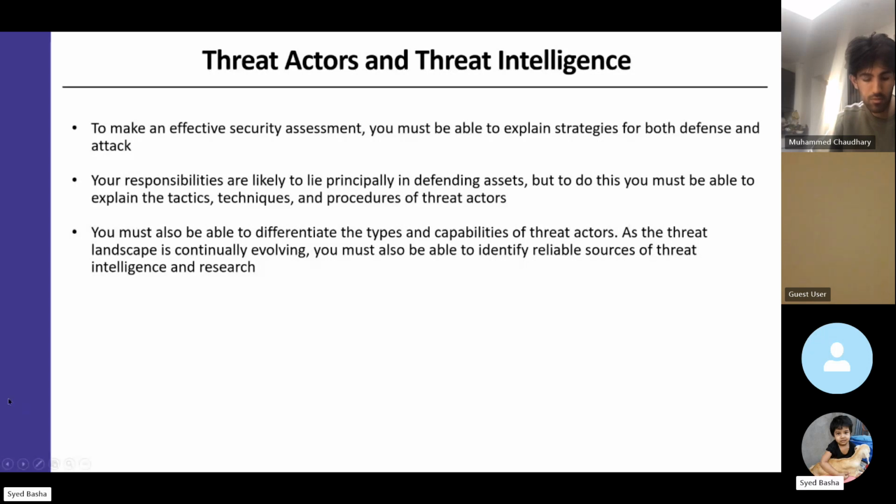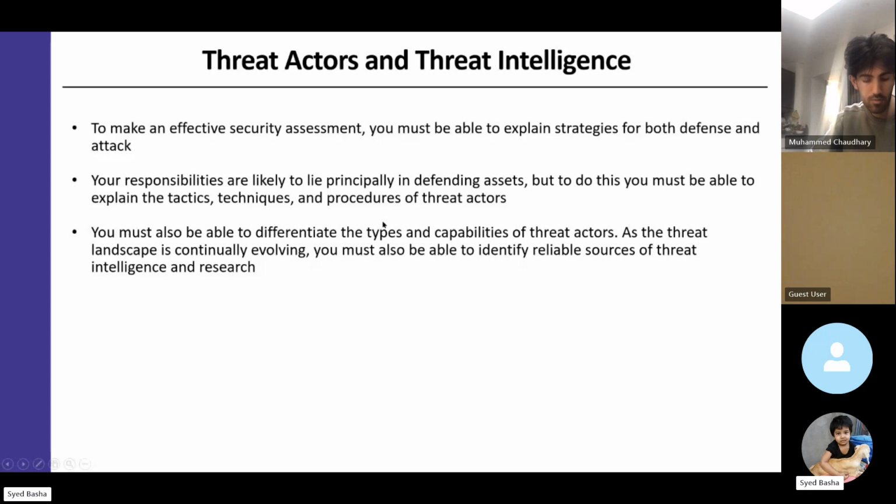Okay, that's what a threat is about. There are a number of threats available on the surface, which we call the attack surface. As security experts, our responsibility is defending these assets, our data. But to do this, you must be able to explain the tactics, techniques, and procedures.